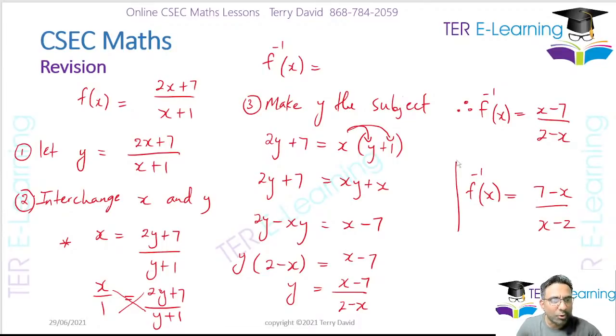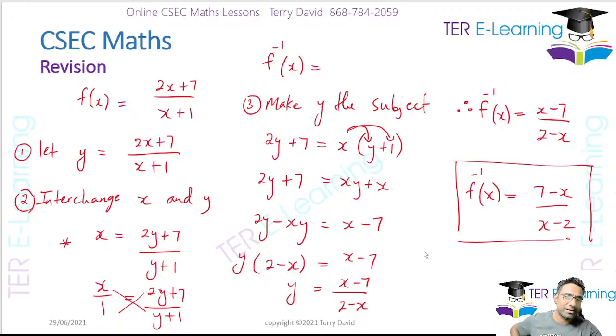Right? This is an alternative answer that students can get, and both of these are correct, right? Both of them are correct. So keep that in mind. Whenever you have a function looking like this, there are two possible answers, right? Both of them are correct.